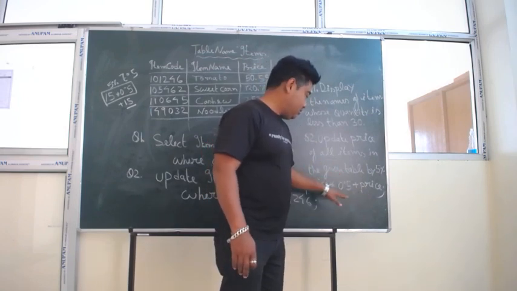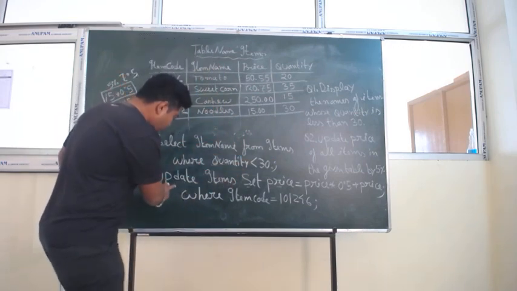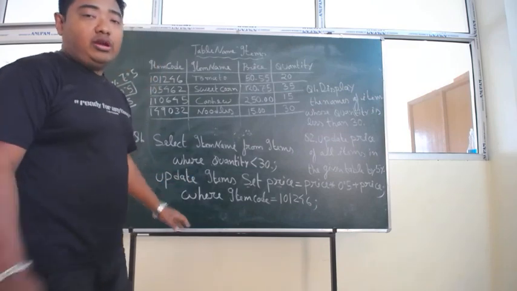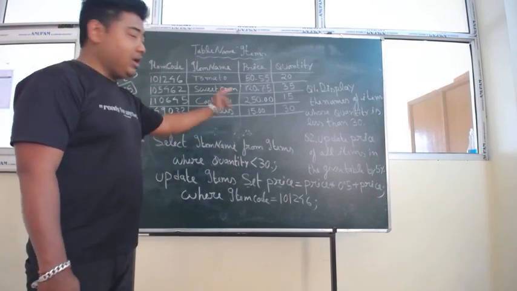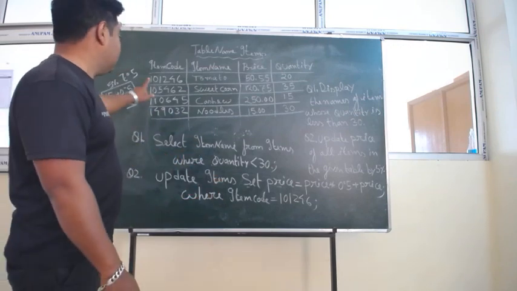So this is how the calculation is done. But this is shown for the first record only. That means all the records, whatever records are there, it will update. Suppose we have to update only a particular record like this.